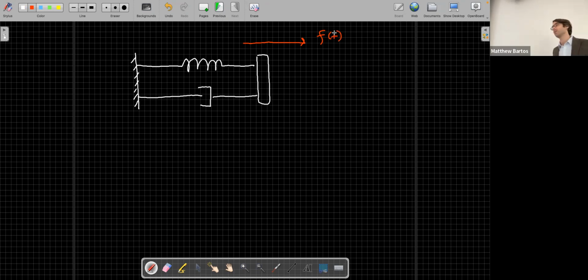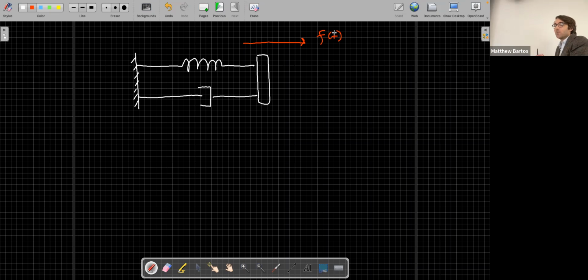I told you that proportional control is like a spring. So as we pull on it with a constant force, that spring will pull back with some constant force proportional to the force that we're pulling with, right?